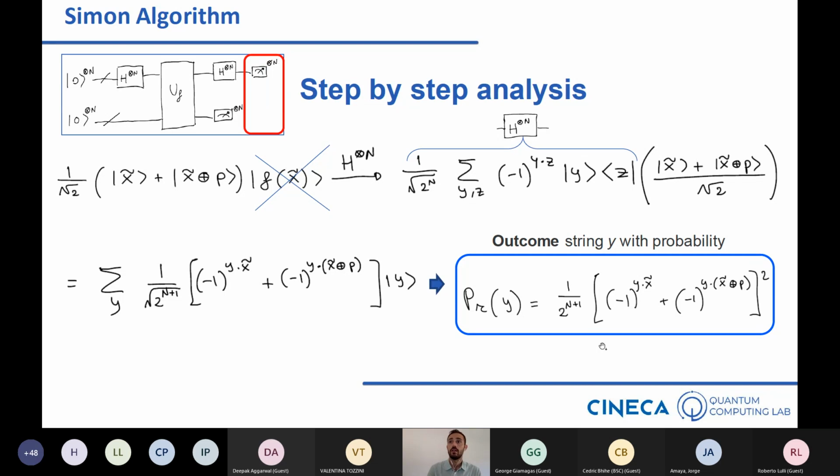So this is the probability of obtaining y. Are you with me so far with this probability? Because then, as you see, the trick is that now you look at the probability.